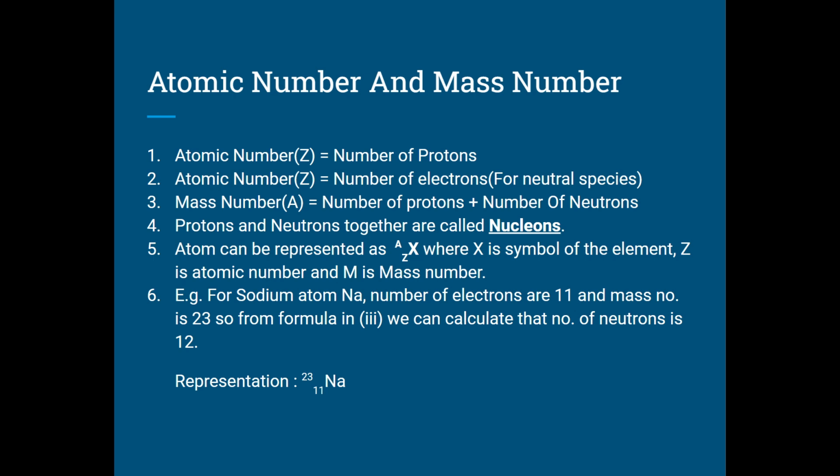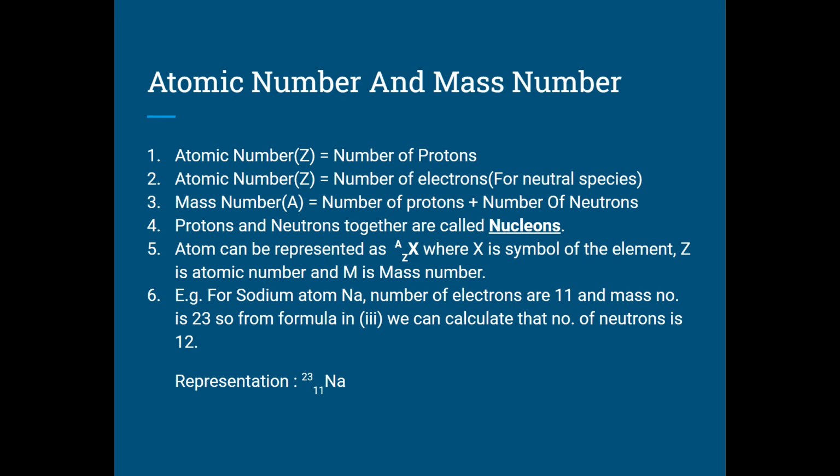Now, an atom can be represented as X with Z in subscript and A in superscript. So the mass number is always written as a superscript and the atomic number as a subscript, and X is the symbol of the element. For example, take the sodium atom. The symbol is Na and its number of electrons is 11.